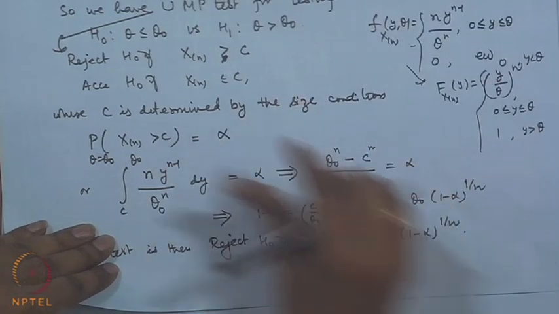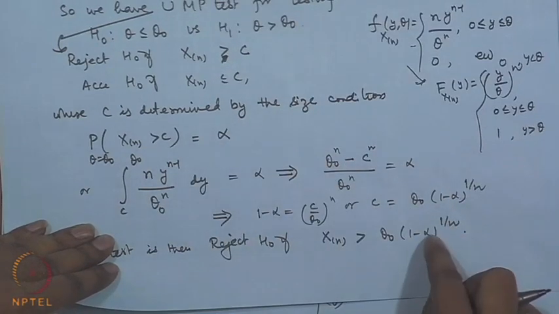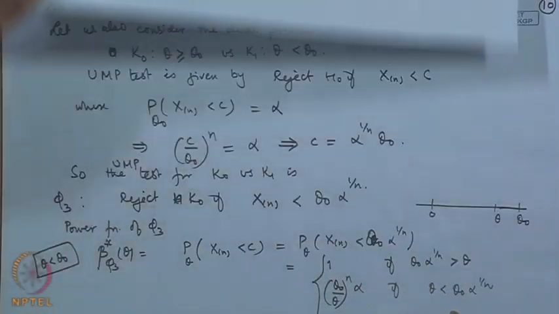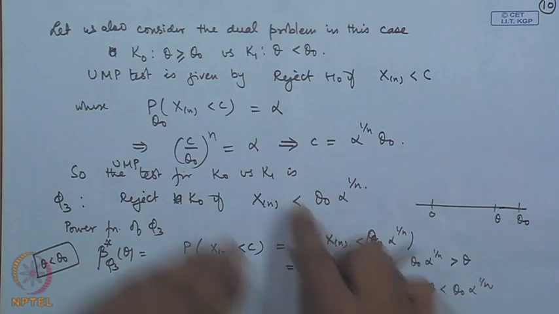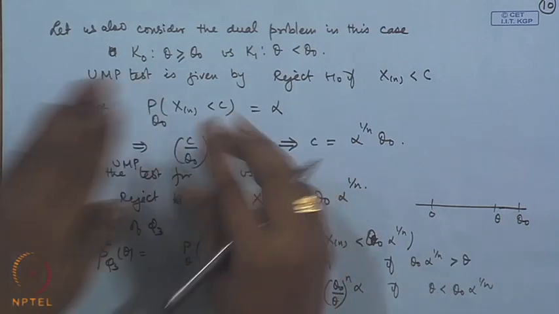If we distribute that probability, we can slightly modify this statement here, and similarly for theta less than theta naught, the rejection region is x n less than something. So, x n greater than something, x n less than something. I can combine these two statements to get a UMP test here for the two sided problem also. Let me continue with some further applications of the UMP tests.